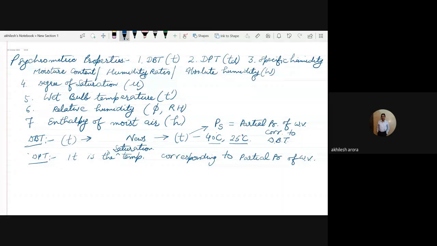So if I say the partial pressure of the water vapor is PV, then we can see a temperature T saturation from the steam table.